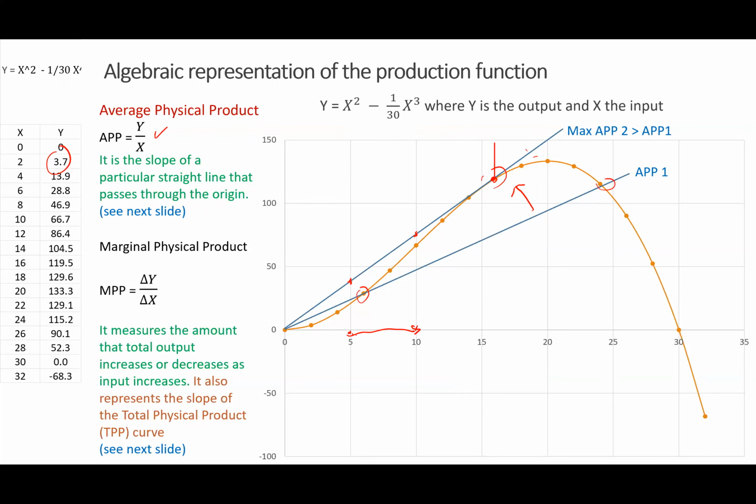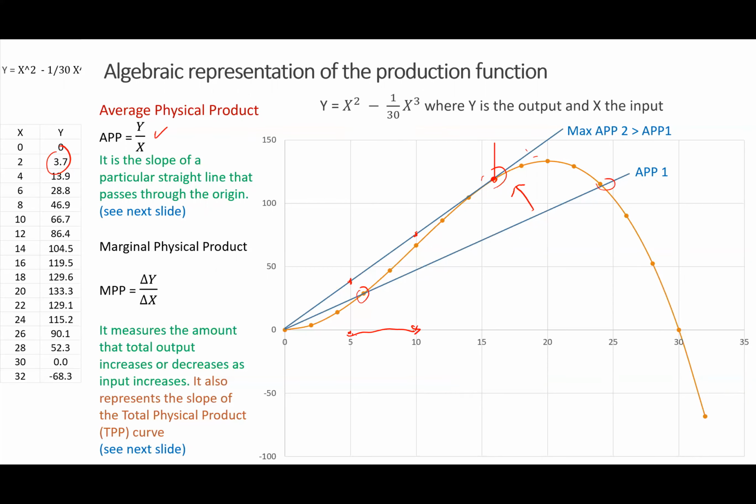So you see this curve that I have earlier here, this point I call A, is the slope of the production function, which we saw is the marginal physical product, but it is also the average physical product at point A. They cross there and become the same thing.